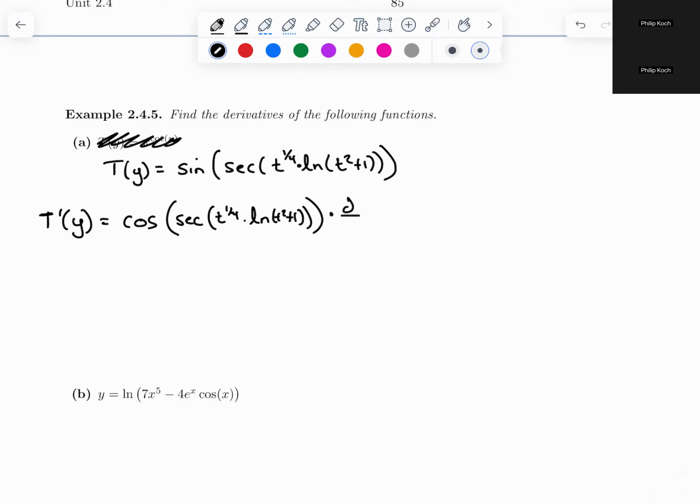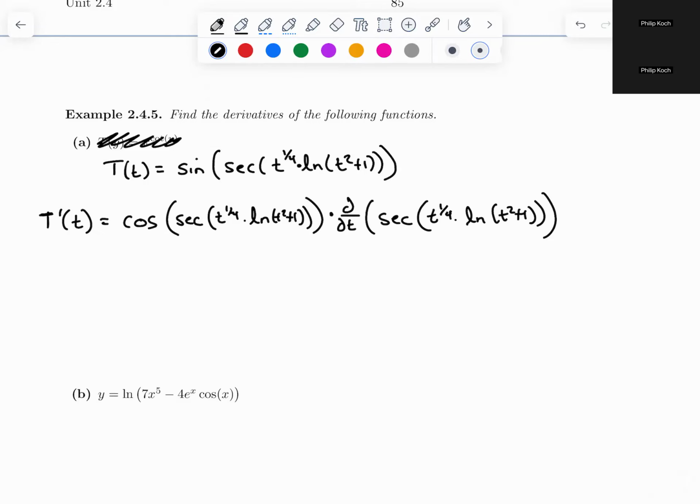Why did I make it y? Let's just change the name to capital T of t. I don't like using y as a variable if I can avoid it. d/dt of secant of t to the 1/4 times natural log of t squared plus 1.